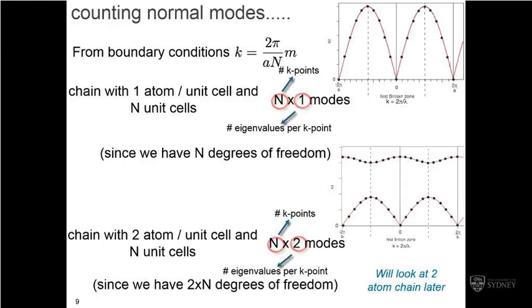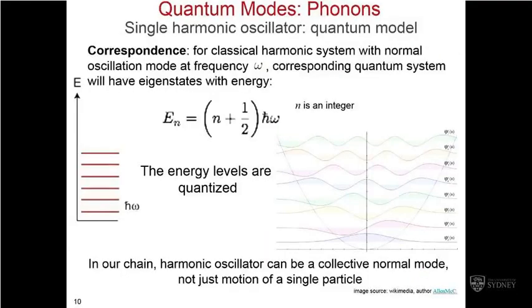At this point, it's probably good to make contact with the phonon, the quantum mechanics picture here. So what do we have for the classical situation which we have been dealing with?